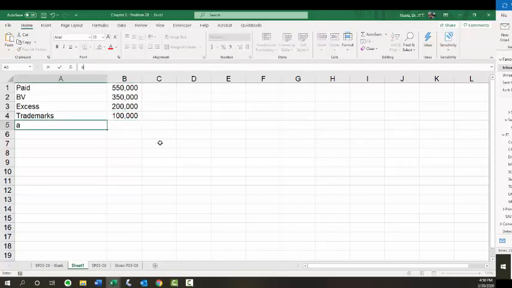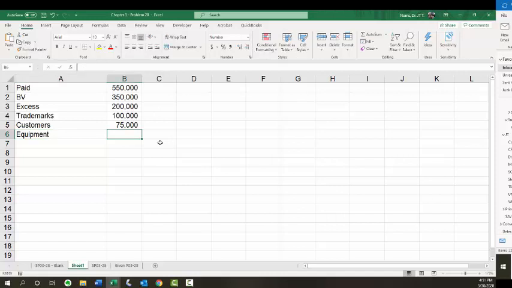Related customers was 75,000, and equipment had a fair value of 312, with a book value of 342.